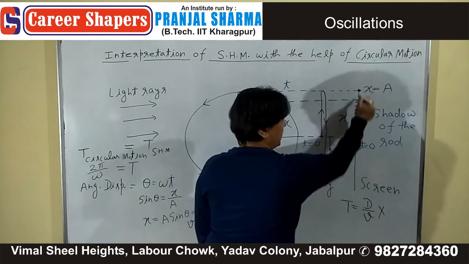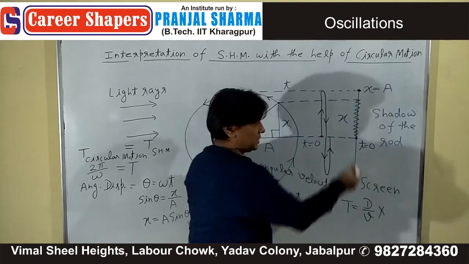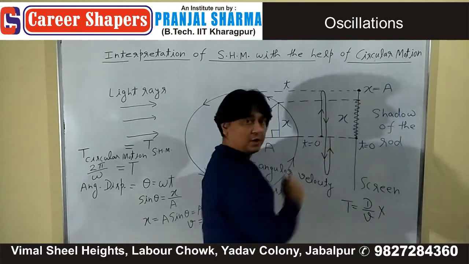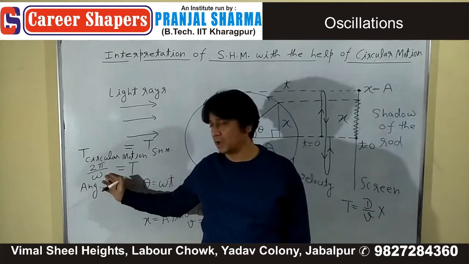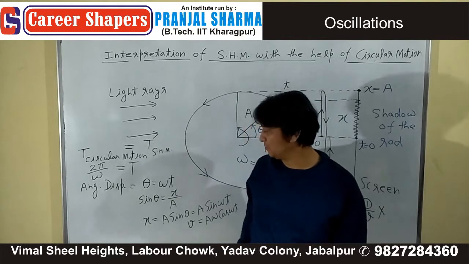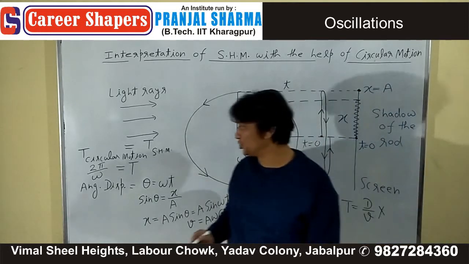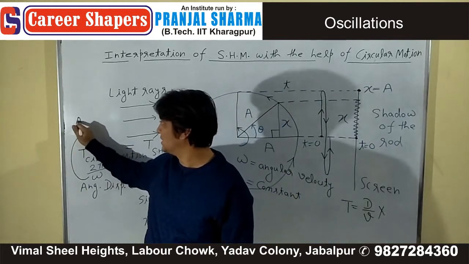You do not see any circular motion when the tip of the shadow is executing S.H.M, which means we must give this omega some new name, and that new name for omega in simple harmonic motion is angular frequency.